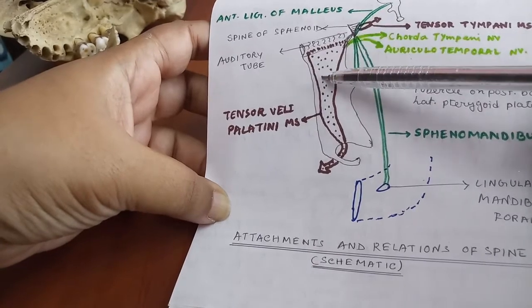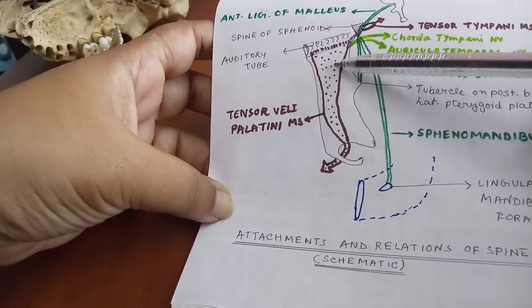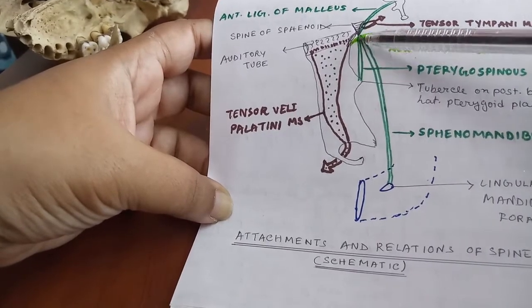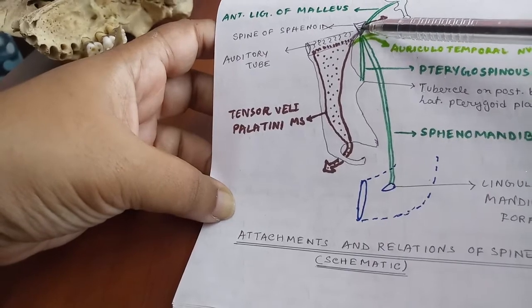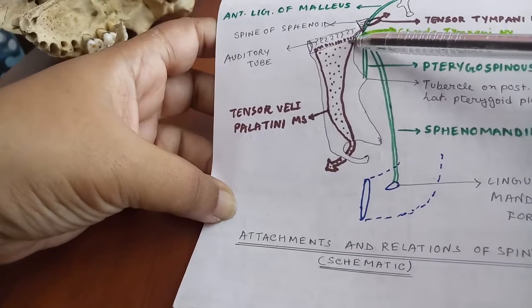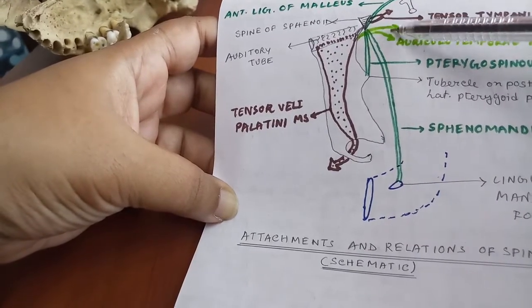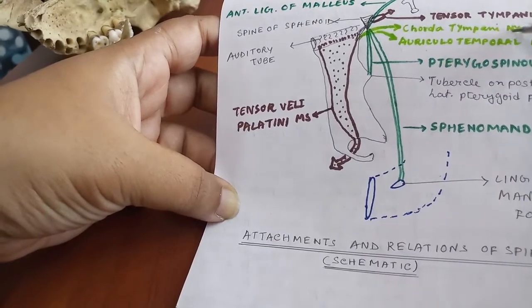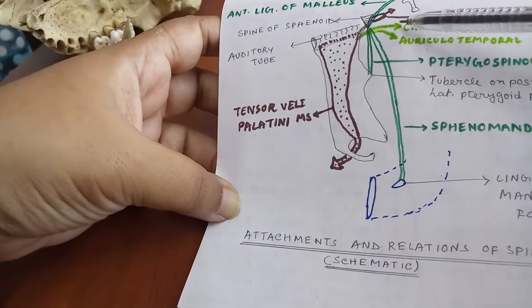From the lateral pterygoid plate, today we will be discussing the muscles attached. The spine of the sphenoid gives attachment to the tensor veli palatini muscle and also to the tensor tympani muscle, and its relations are with the two nerves, the chorda tympani and the auriculotemporal nerve.